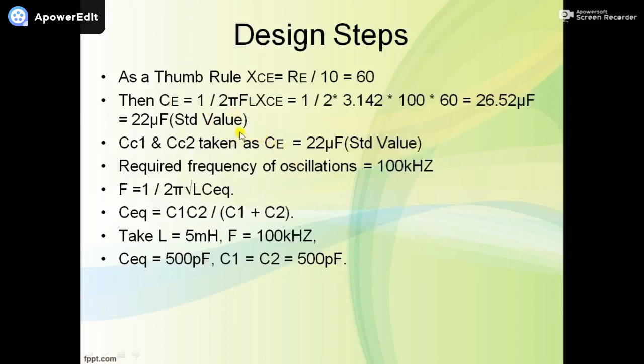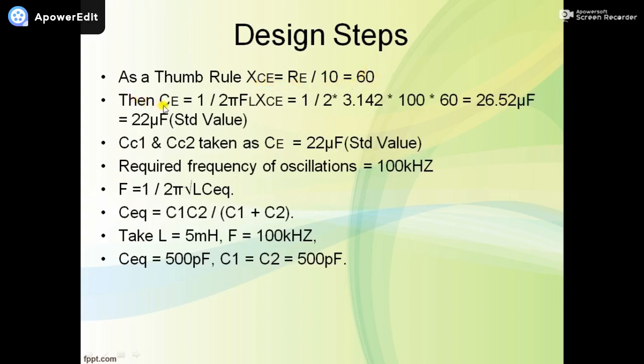Hello friends, one small correction in the previous slide of design steps. In the calculation of the emitter bypass capacitor, as a thumb rule, X of C is equal to Re divided by 10, so we are getting 60.